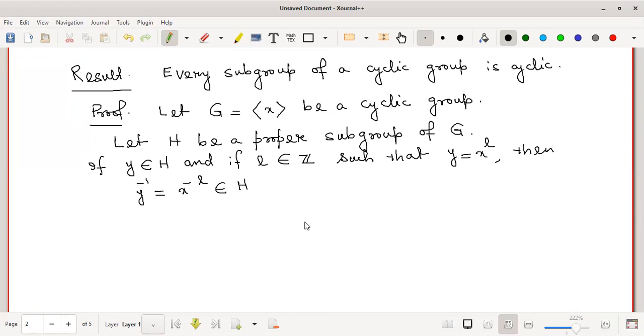Correct? So I can say, therefore, there exists a natural number L such that x to the power L is an element of H. Correct? Okay. Fine. Now what to do?